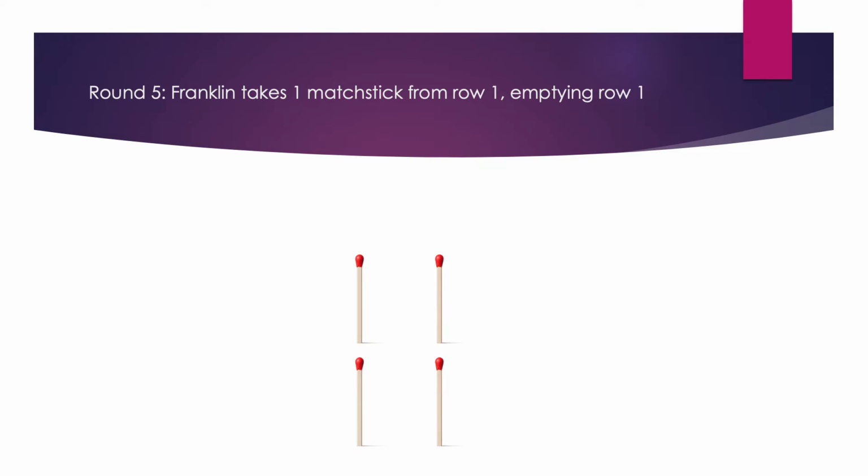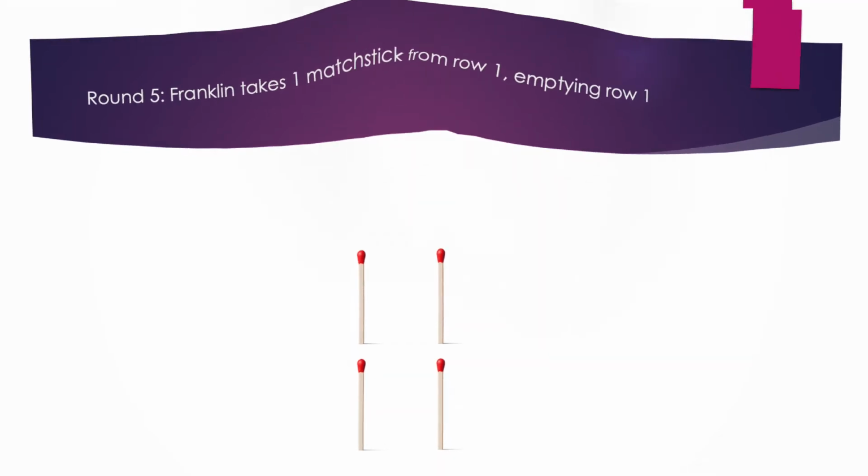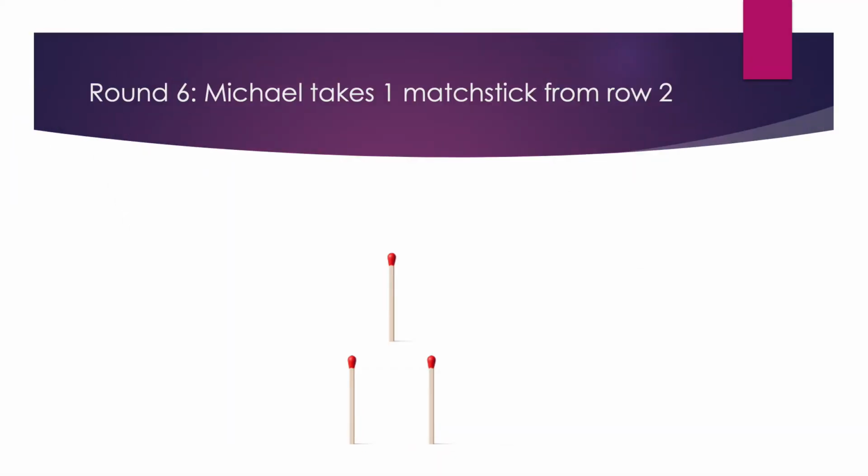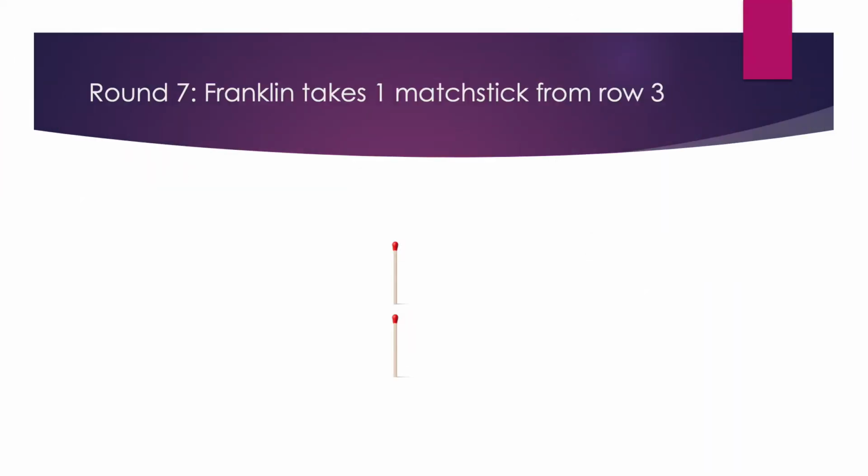Franklin takes 1 matchstick from row 1. Now, after this 1 matchstick is removed, row 1 is completely empty. Next, Michael takes 1 matchstick from row 2. Franklin takes 1 matchstick from row 3.